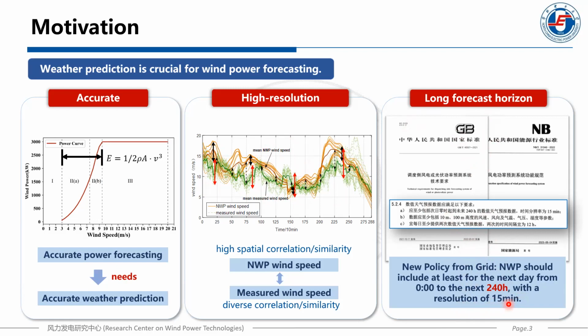In some provinces, the time horizon for the forecast requirement is extended to almost 1 month. It is not in the national standards, but in some provinces the power grid has already launched such a policy to request a longer forecast horizon.